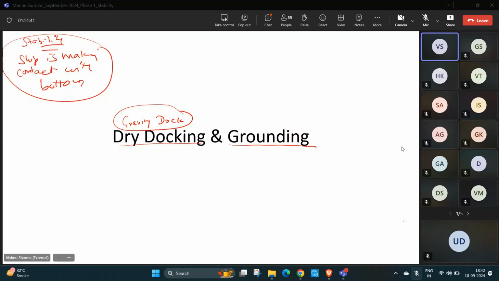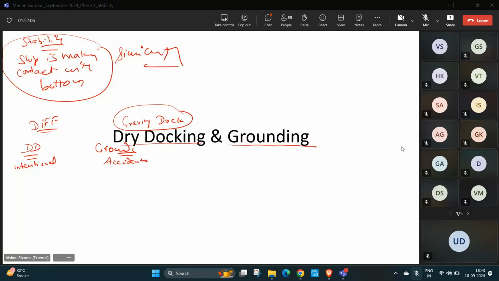What is the difference between the two? This is the similarity as far as stability is concerned. What is the difference? Dry docking is intentional. You want to take the ship to dry dock out of choice. Grounding is accidental. Dry docking is controlled.